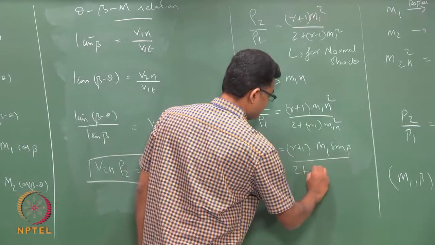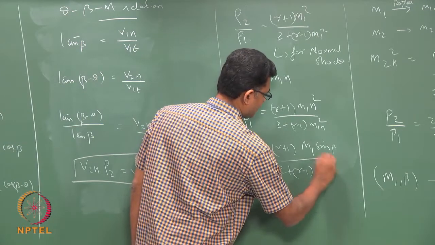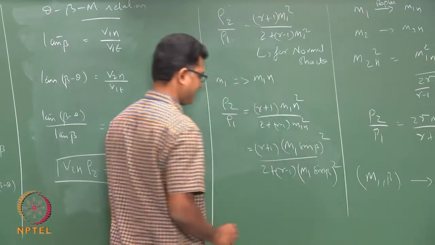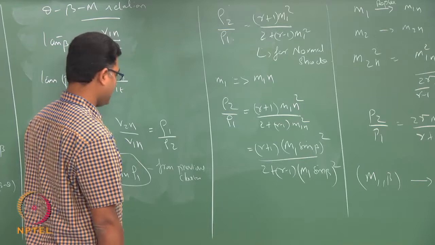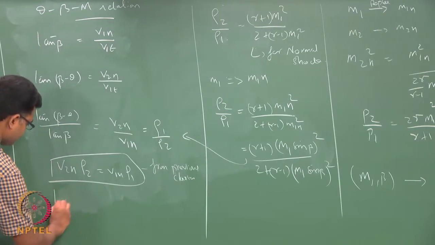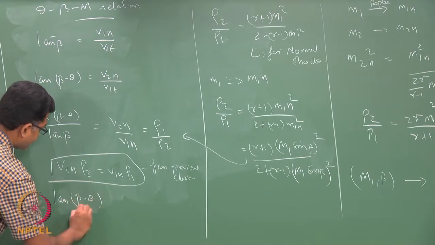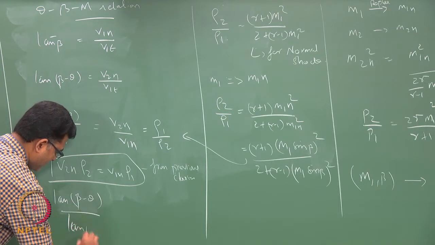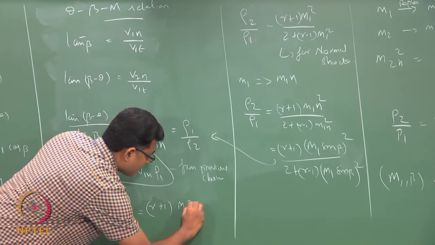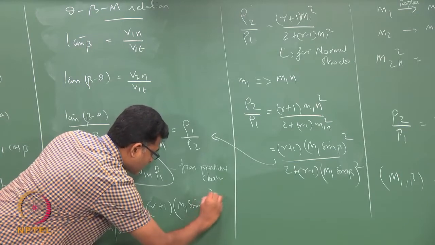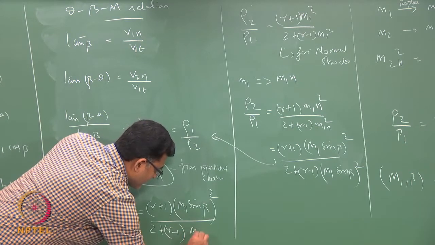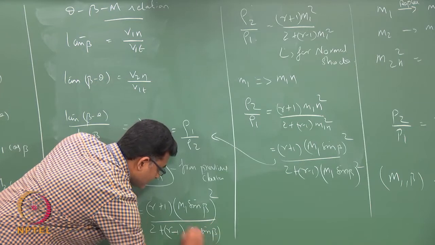So, if I substitute this here, I would get tan beta minus theta divided by tan beta equals gamma plus 1 into m1 sin beta the whole square divided by 2 plus gamma minus 1 into m1 sin beta the whole square.